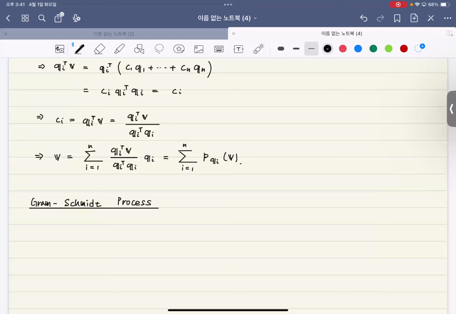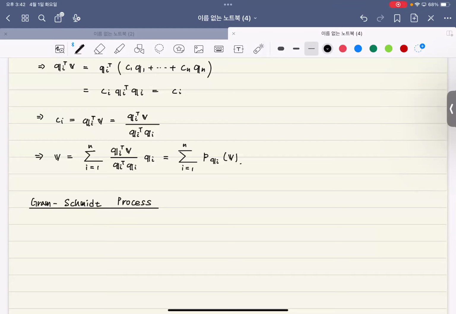Because of this Gram-Schmidt process, you're always 100% sure that for any given vector space, you are guaranteed to find an orthonormal basis for that vector space. Isn't that great?